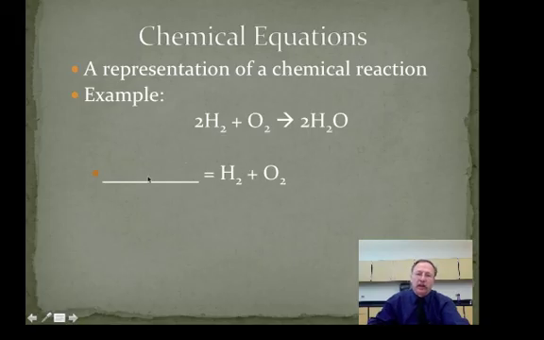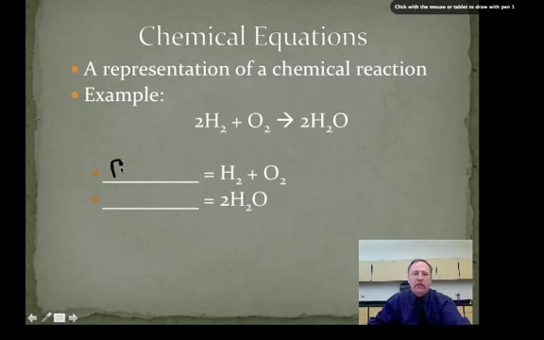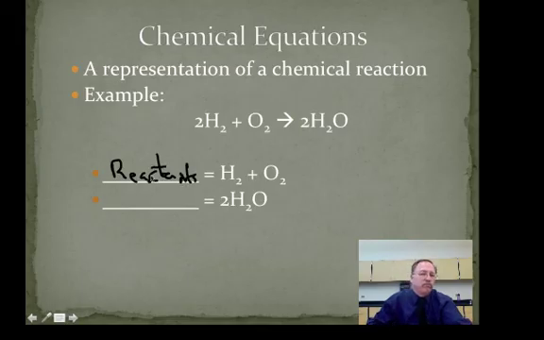The things on the left side are what we call reactants. They're the things that come together, the things on the left that cause the reaction to happen. They're a part of the reaction itself.